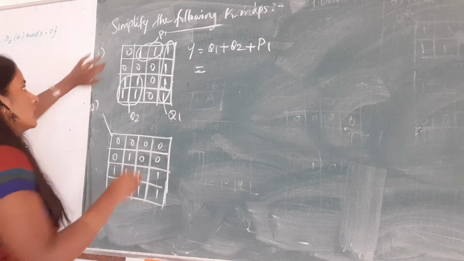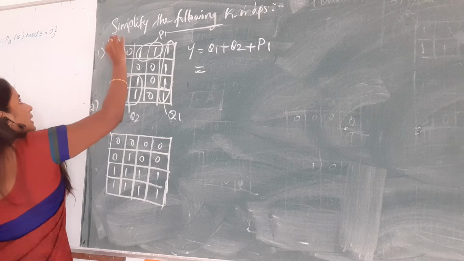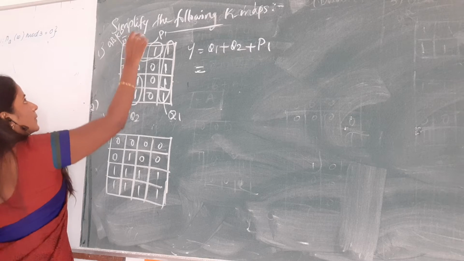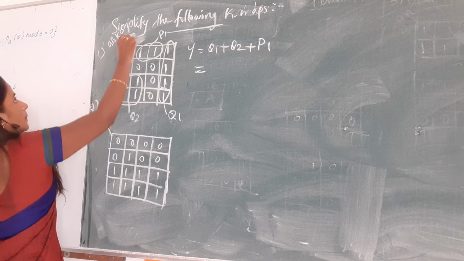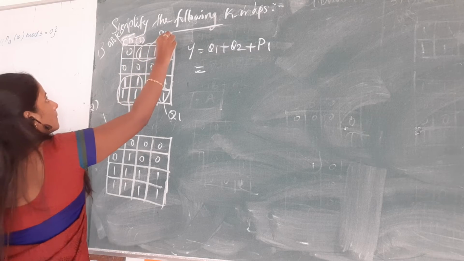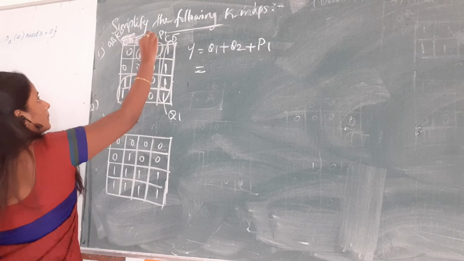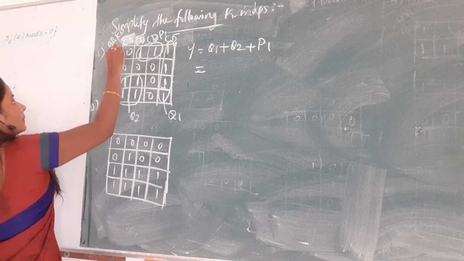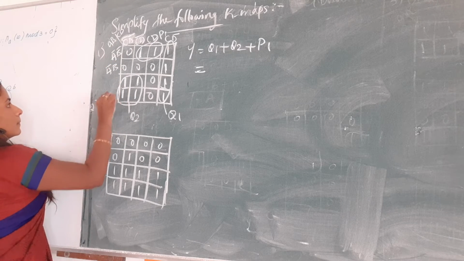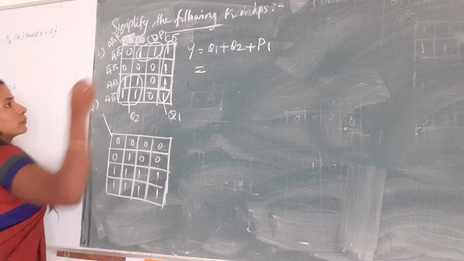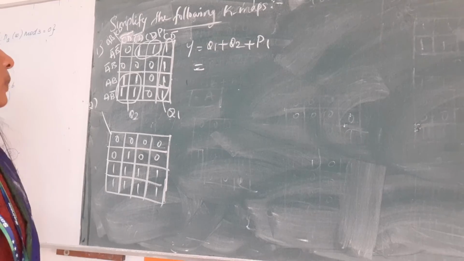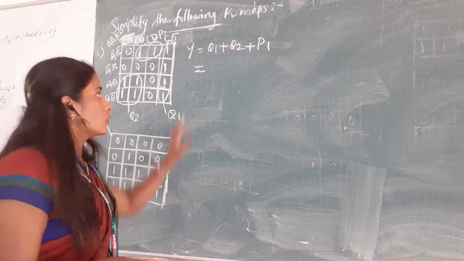So now we write. We know that this is A, B, C, D. Solve this. This I'll explain next. You have to solve.